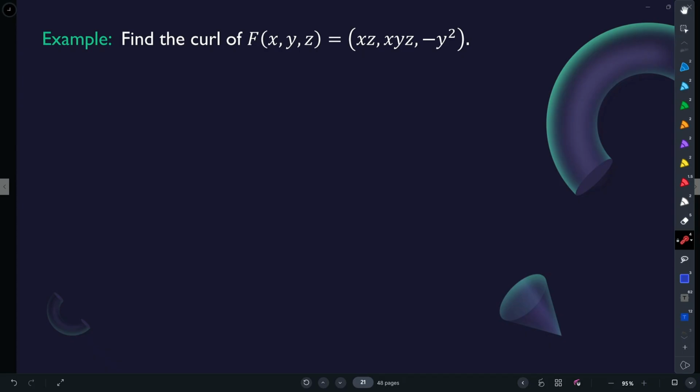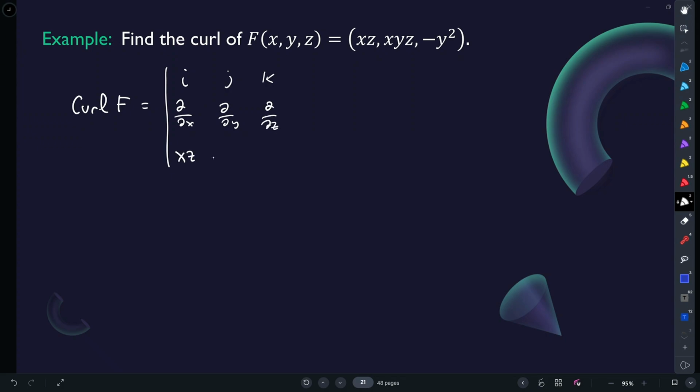So let's find the curl of a vector field. So here is a vector field, and I'm going to find the curl of f, and that is, by definition, i, j, k, partial with respect to x, partial with respect to y, partial with respect to z, and then xz, xyz, minus y squared.